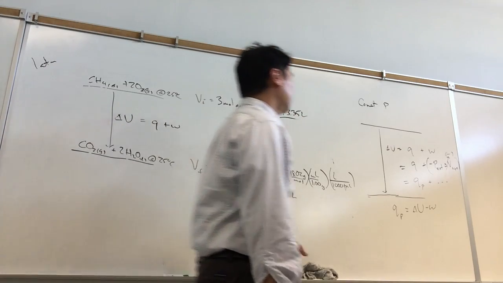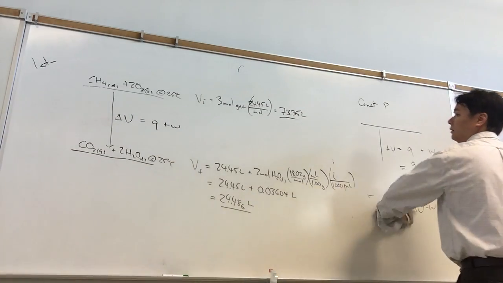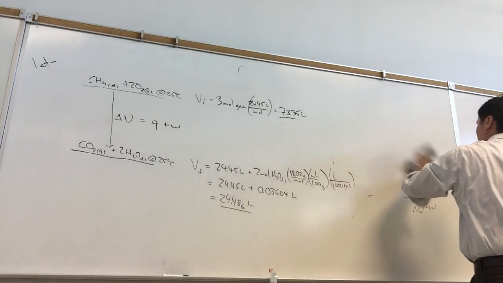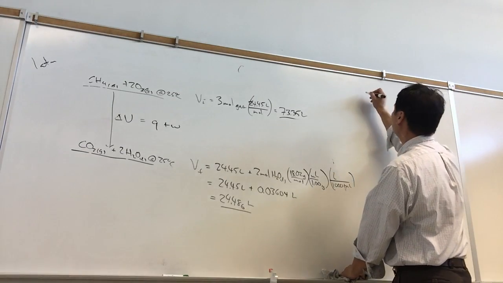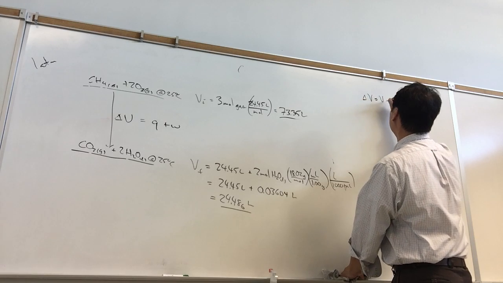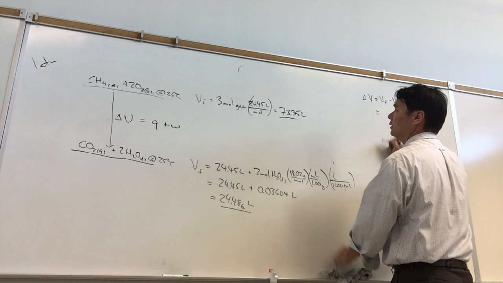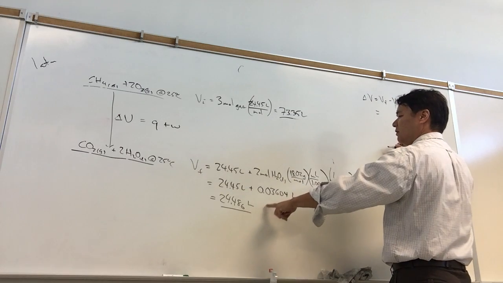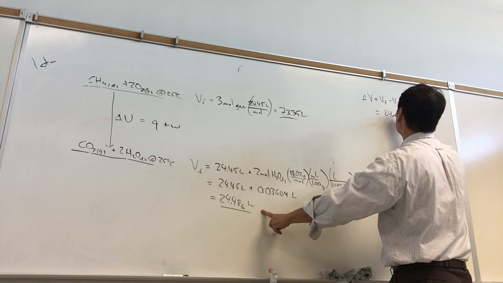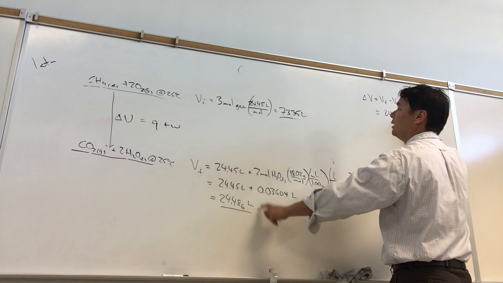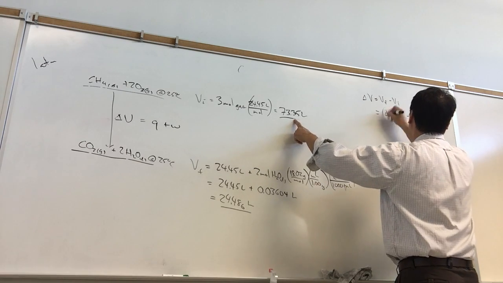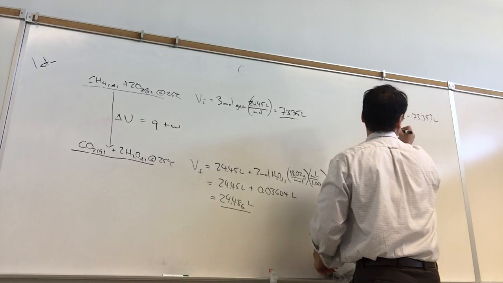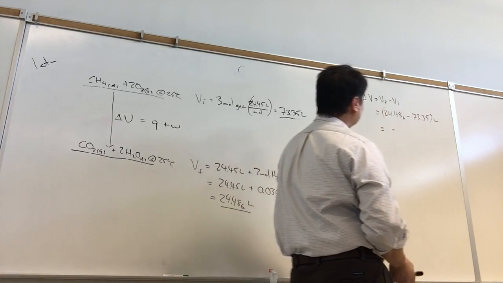Okay, let's go ahead and calculate delta V. So delta V is equal to V final minus V initial. The V final is 24.486 minus 73.35. This is going to give us minus what?